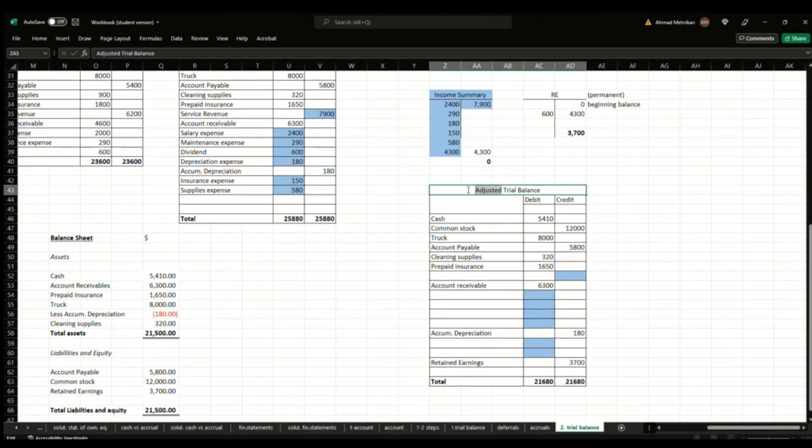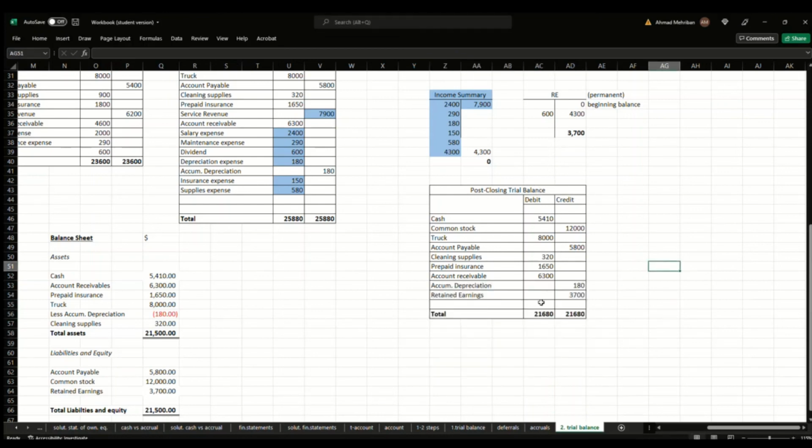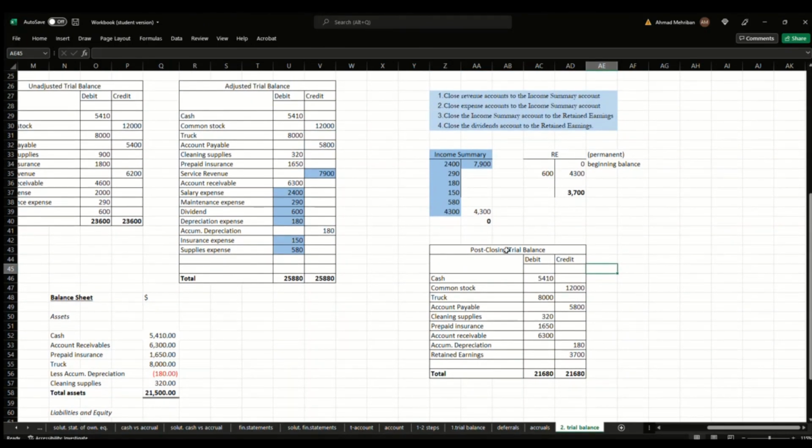Now it's not the adjusted, but the post-closing trial balance. And for the prettiness of it, you can just delete all of these unnecessary empty cells. Very easy to do. Just remove them, and again, you have a very neat, very correct post-closing trial balance.